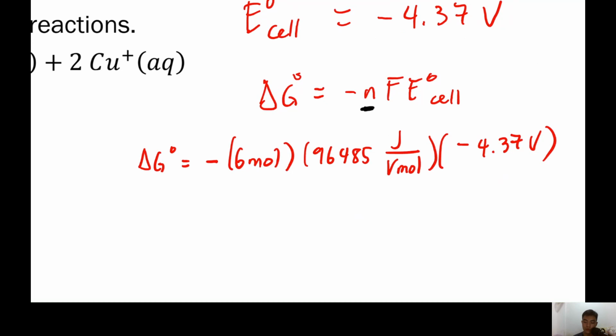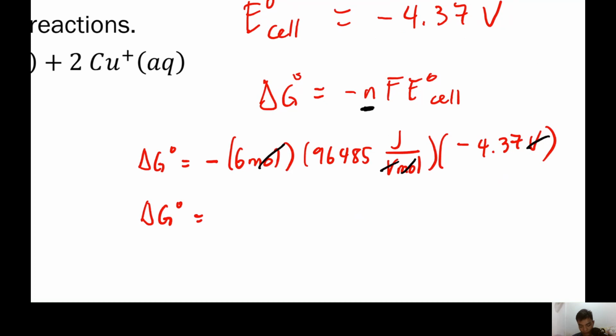You can see the moles will cancel, the volts will cancel, giving us the final unit joules. Just multiply all of this. Take note that we have a negative E cell and a negative sign in front. That means delta G is a positive quantity, so this reaction is non-spontaneous.